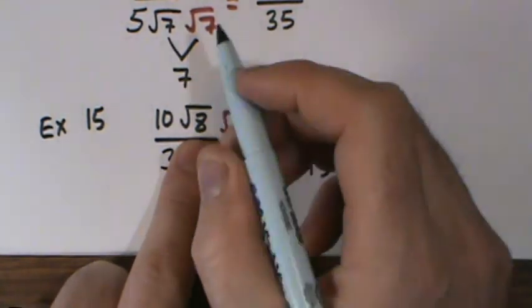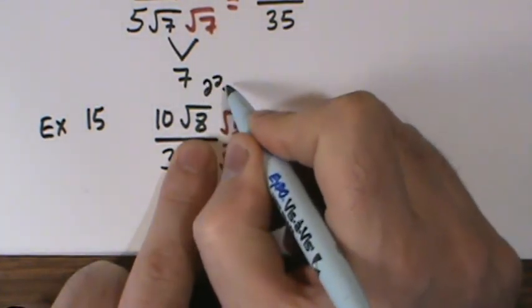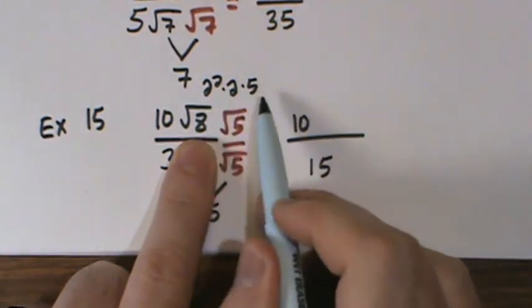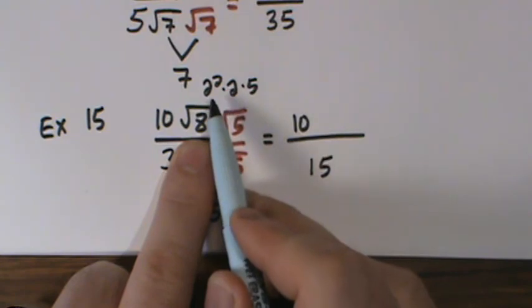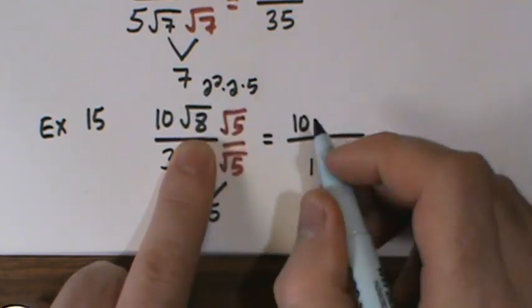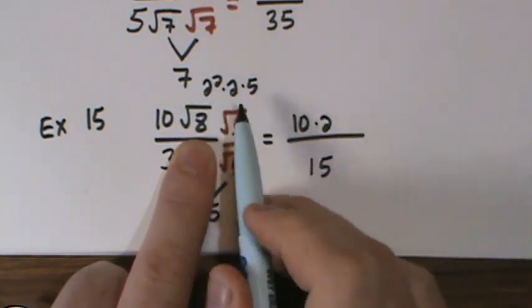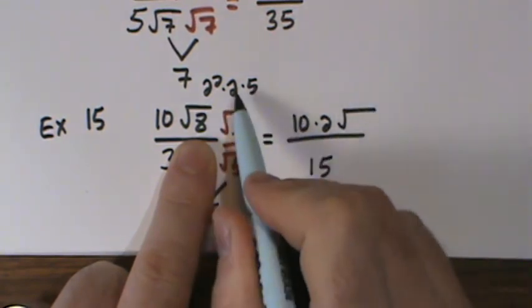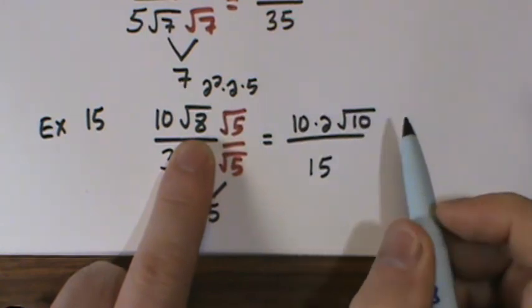8 is actually 2 squared 2. And then I've got this 5. All that's under a radical. I could bring this 2 out. So I'll bring the 2 out. And this 2 and 5 would stay in, so I can call that radical 2 times 5 is 10.